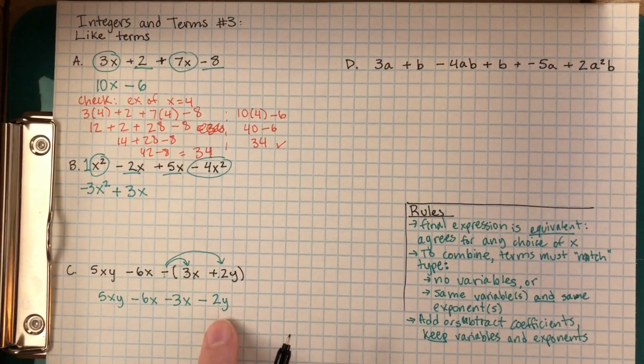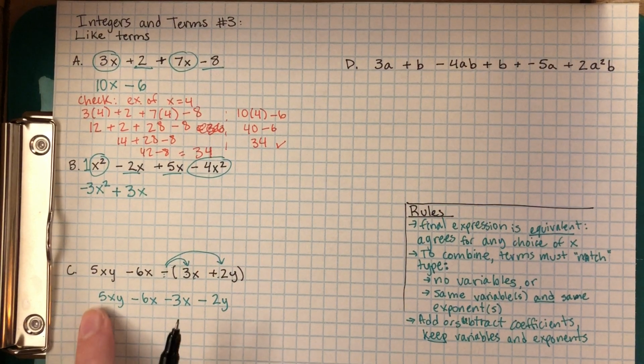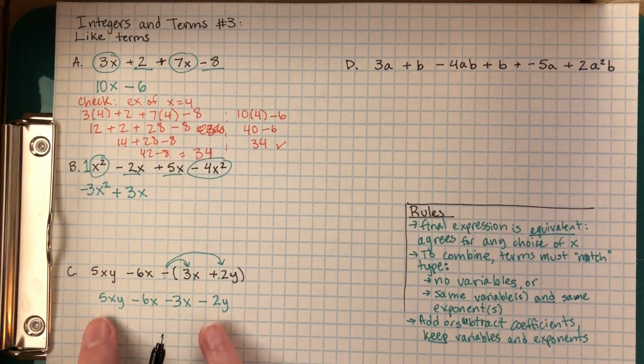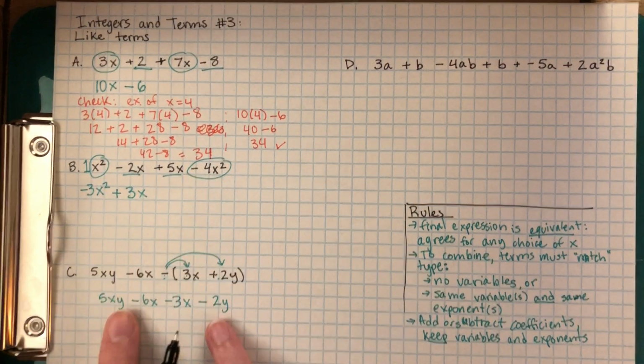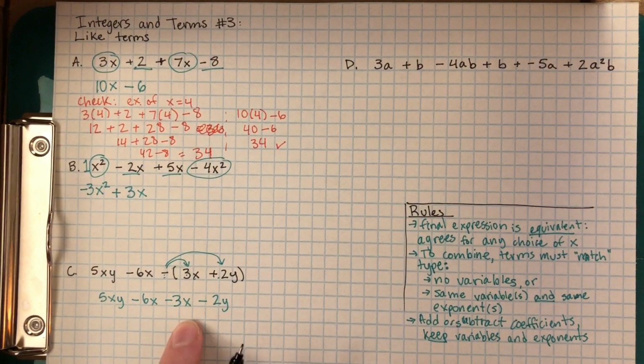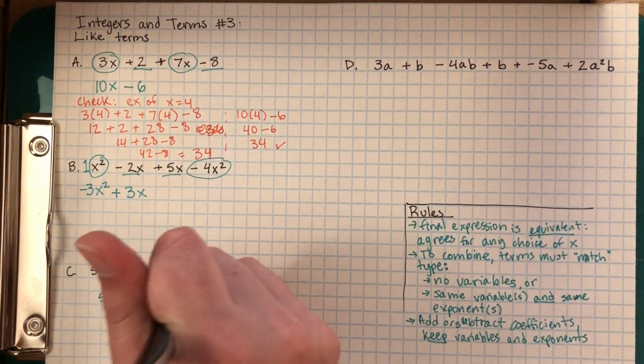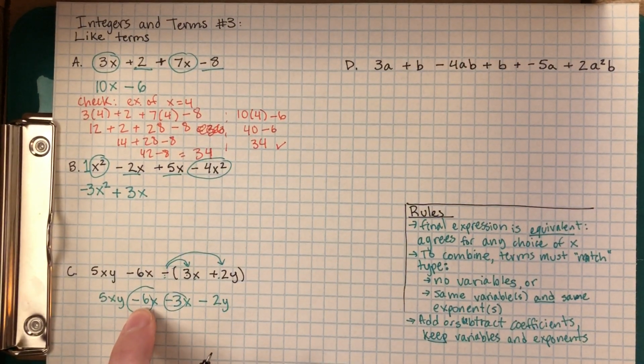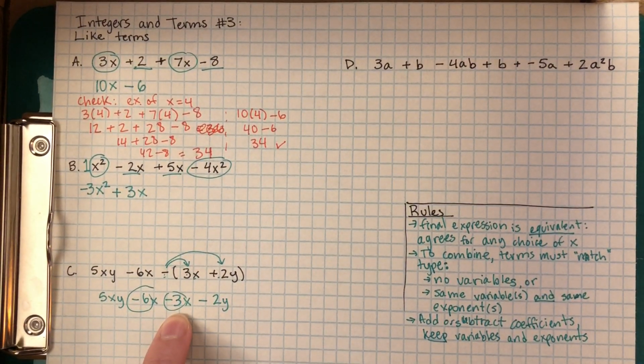Likewise, this one has just a y, and there's no other terms here that only have y and not also x. So these two terms, even though they both have y, are not a match. And these two terms on the inside have the exact same set of variables and exponents. So the only matches are these two terms here, minus 6x and minus 3x.